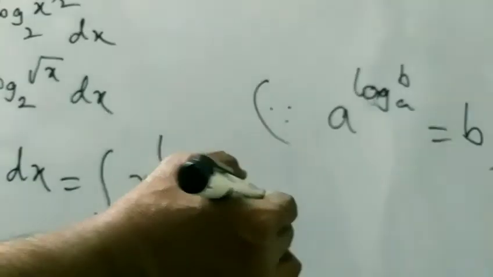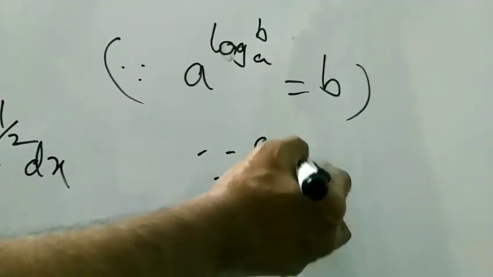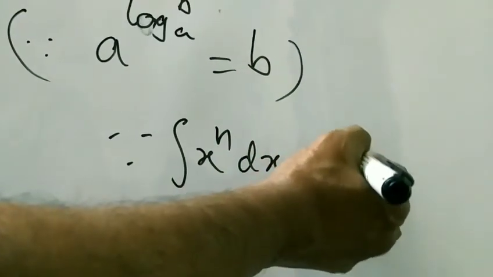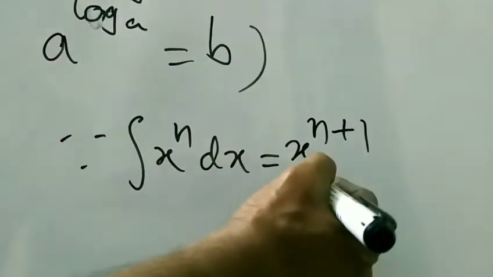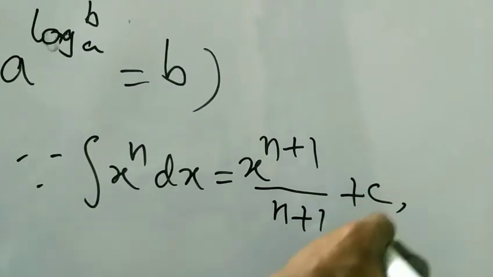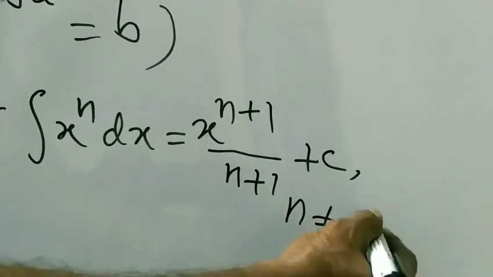We already know the basic formula: the integral of x to the power of n dx is equal to x to the power of n plus 1 by n plus 1 plus c, where n does not equal minus 1.